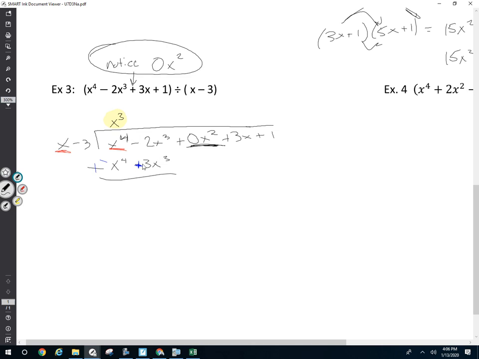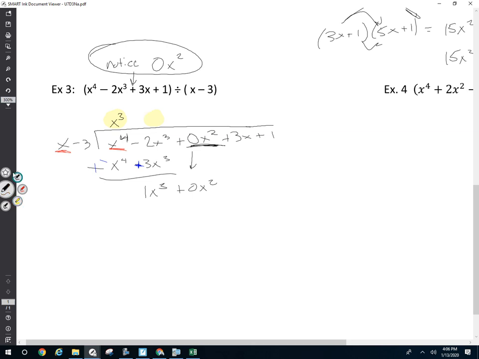Negative 2x cubed and a positive 3x cubed. I have 1x cubed left over. Bring down your next term. In this situation, it's a 0x squared. Everybody converse with your neighbors. What goes next?